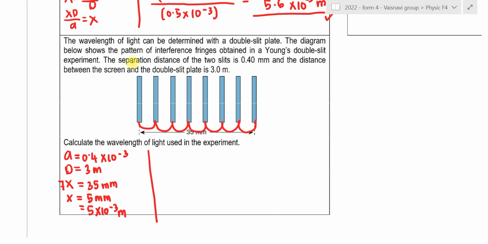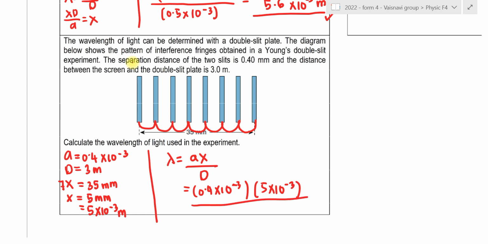Now we calculate lambda. Lambda is AX over D. A is 0.4 times 10 to the power of negative 3. X is 5 times 10 to the power of negative 3. And D is 3 meter.